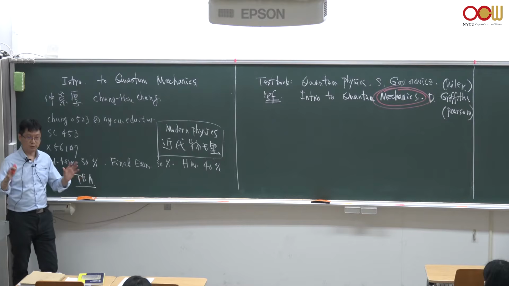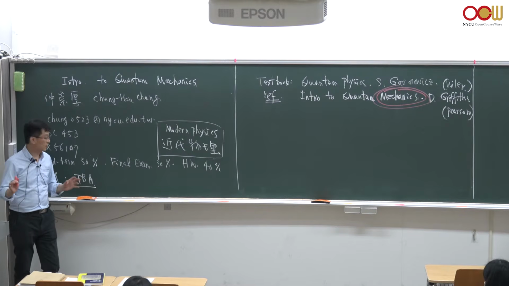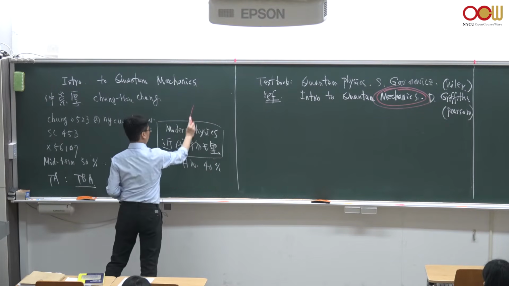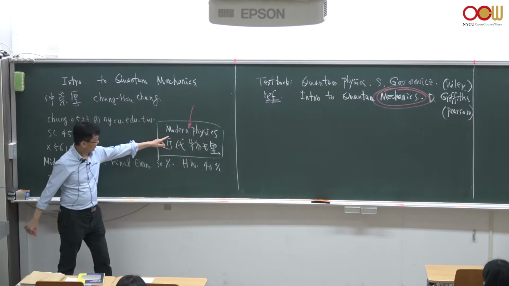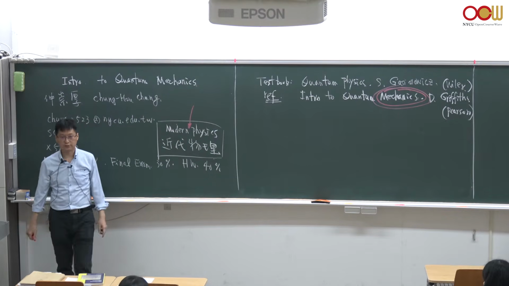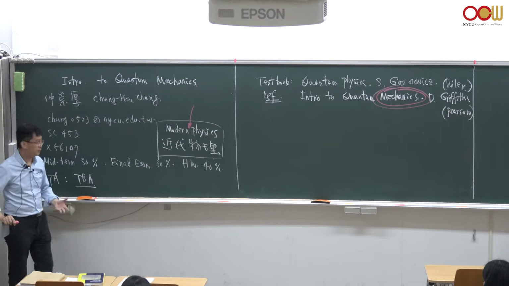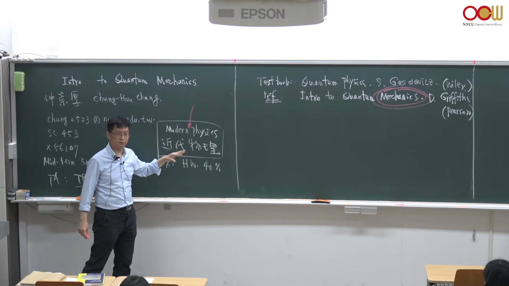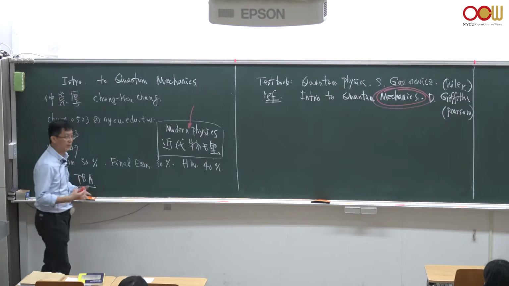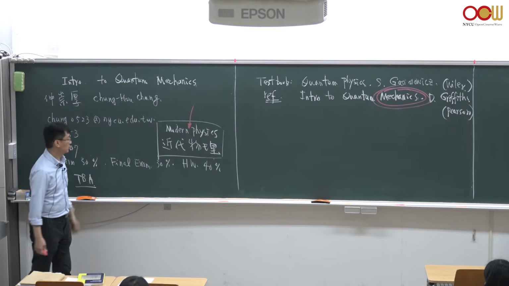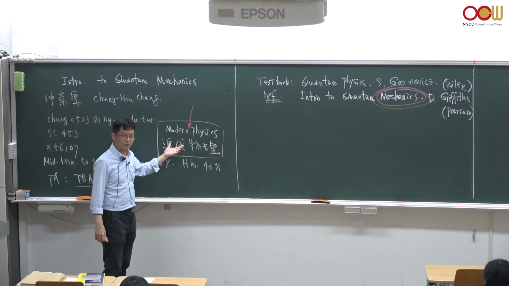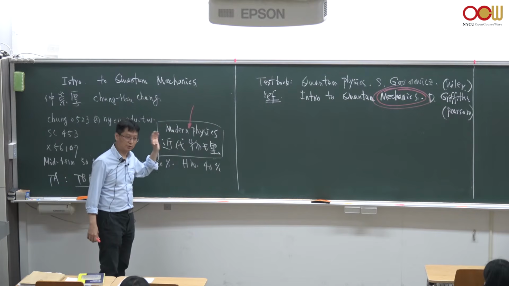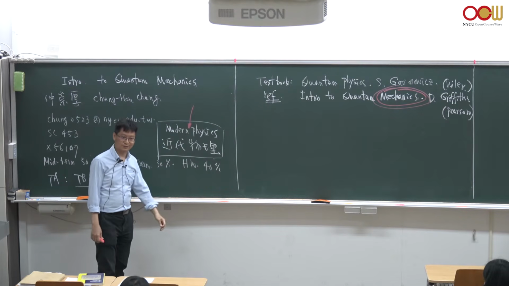And this part of the history of quantum physics, I will call belonging to the modern physics category. So I will not repeat what you already learned in modern physics too much. Of course, there will be some overlap or some review necessary, but this modern physics level is not the primary goal of this course.